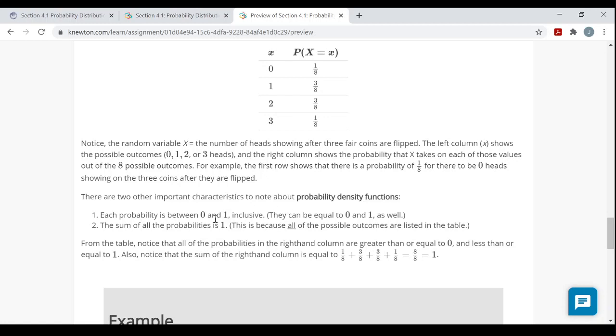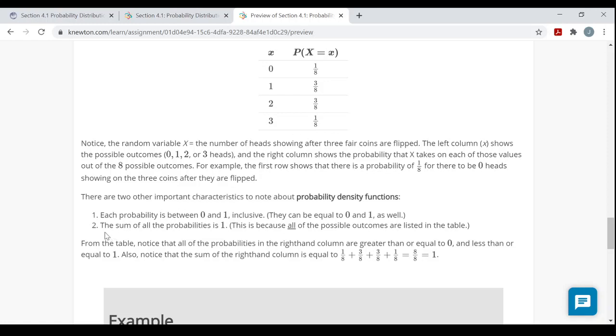But you're not going to have a probability greater than 1 or greater than 100%, and you're not going to have any negative probabilities. So that's happening here in this chart on the top. All the probabilities are between 0 and 1.